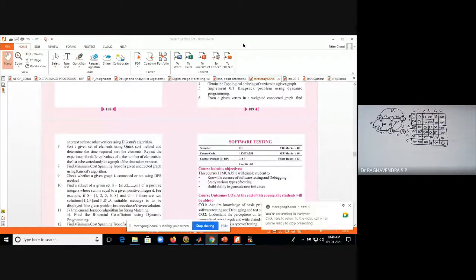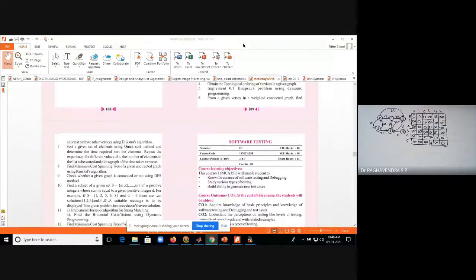I'm going to take it because Warshall's algorithm is used to find the transitive closure. So I'm going to take that now. I hope topological sorting is also over. So that is why I am choosing this one.